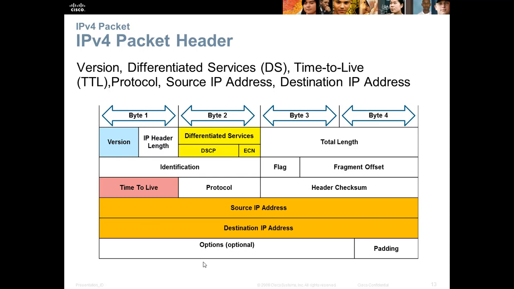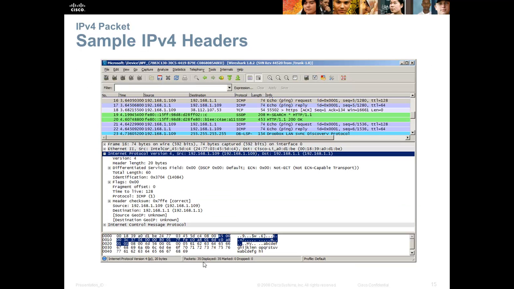This is what an IP version 4 packet header would look like. There are all these different fields in here: time to live, version, protocol, header checksum. The main ones that I want you to know about are the version, time to live, and mainly the source IP address and destination IP address. If you were to use the Wireshark application and sniff some packets on the network, you could take a look at this IP version 4 header.